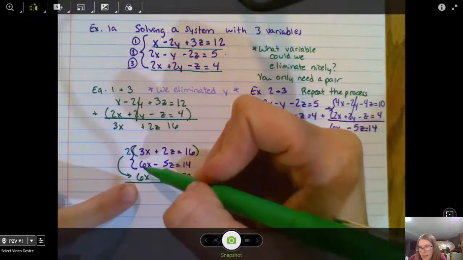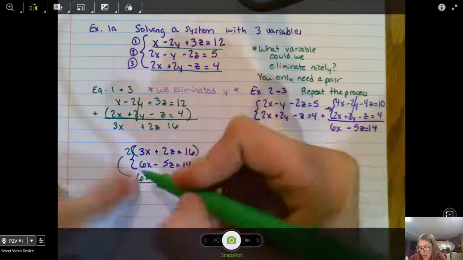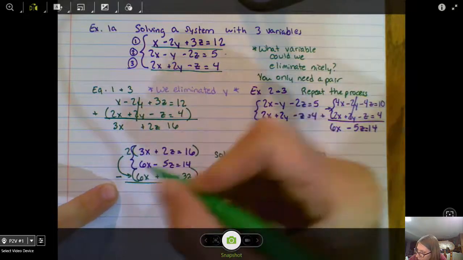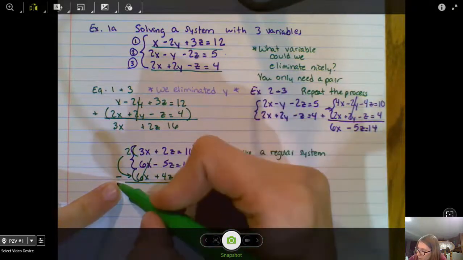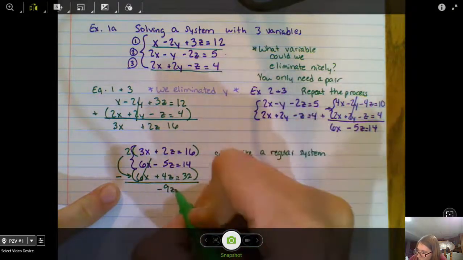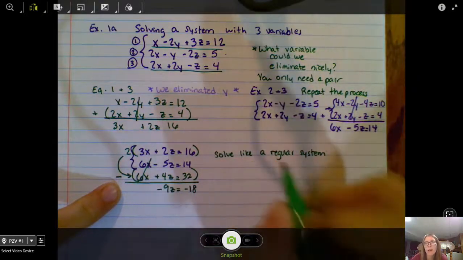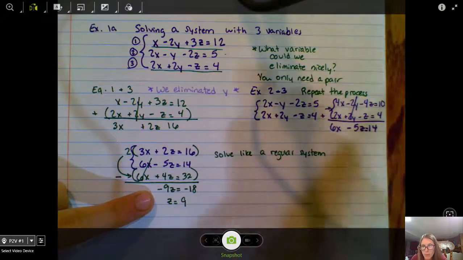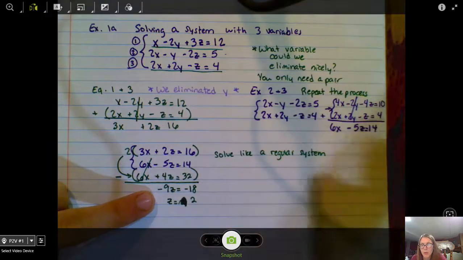If I have a 6x and another 6x, to get these x's to eliminate, I need to subtract my equations. So minus everything straight down. 6x minus 6x cancels. Negative 5z minus 4z is negative 9z. And then 14 minus 32 is negative 18. Divide by negative 9, z equals 2. Oops, I said 2 but wrote 9. z equals 2.